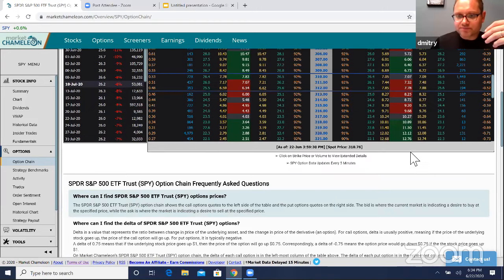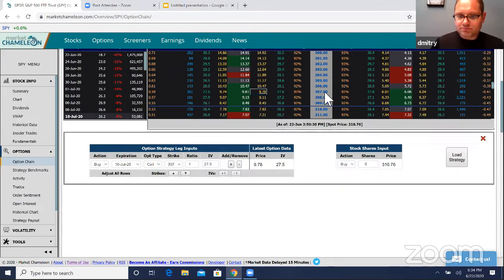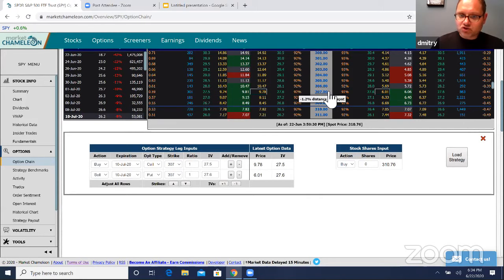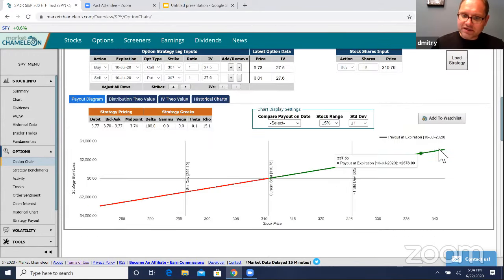Let's just do another strike. Let's do the 307 strike. Bought the call, sold the put, same strike. This is conversion reversal. You bought the call, 978, sold the put, 601. This is what it looks like. Again, it's a synthetic long.